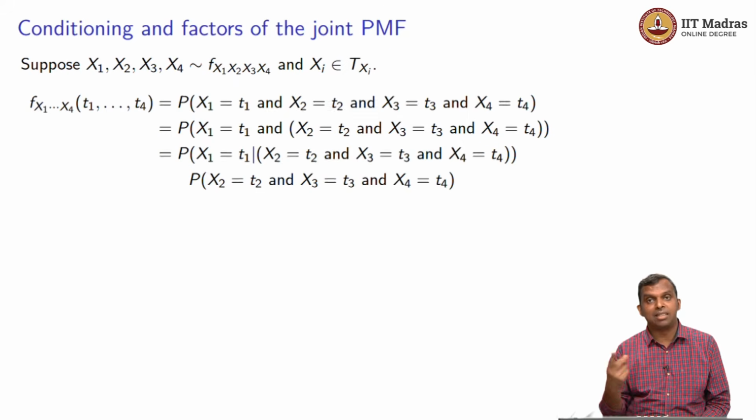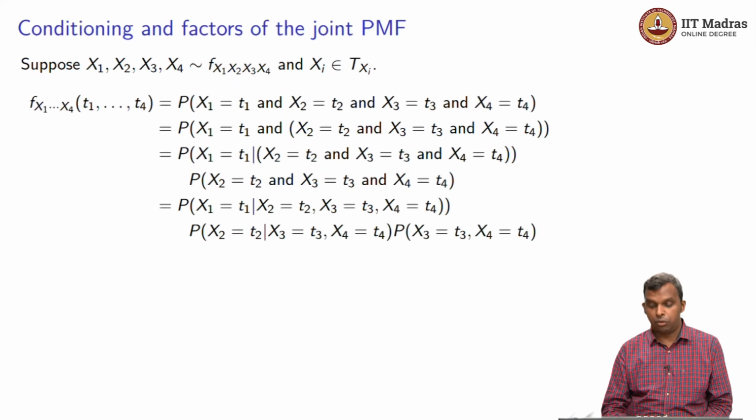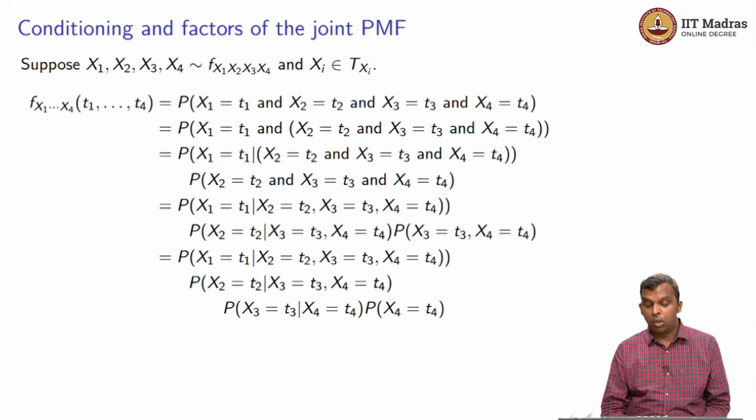But next, I can now repeat this, right? I have the probability of x2 equals T2, x3 equals T3, x4 equals T4. I can do bracketing, conditioning and multiplication: x2 equals T2 given x3 equals T3, x4 equals T4, times P of x3 equals T3, x4 equals T4. Notice how conditioning is helping me out. I have written the joint PMF as a product of 4 factors.